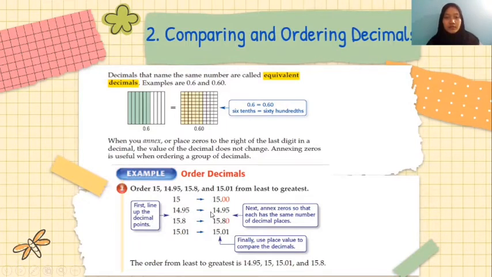14.95 is equal to 14.95. 15.8. We can annex 0 so that each has the same number of decimal places. And the last one is 15.01.